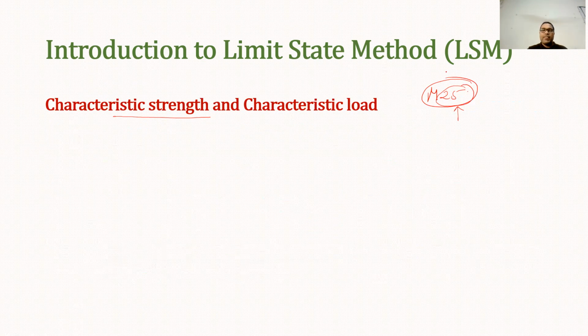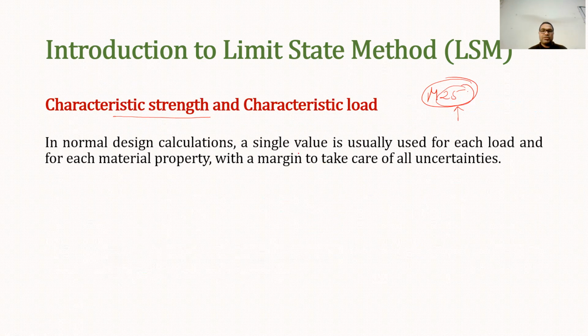Basically, in normal design calculation, we generally adopt a single value for each load and each material property. I know that all the time concrete may not have a strength of 25 Newton per mm square, but still I have to set a standard in which I would say that there may be some uncertainty.